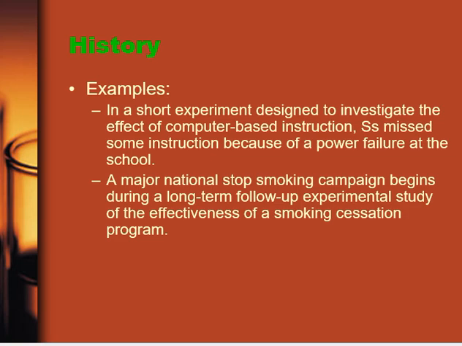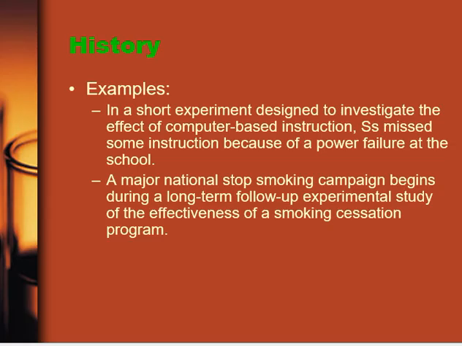A couple of other examples: let's say you had a very short experiment to investigate the effect of computer-based instruction, like online, something involving computers to learn something. Sorry, SS means subjects.